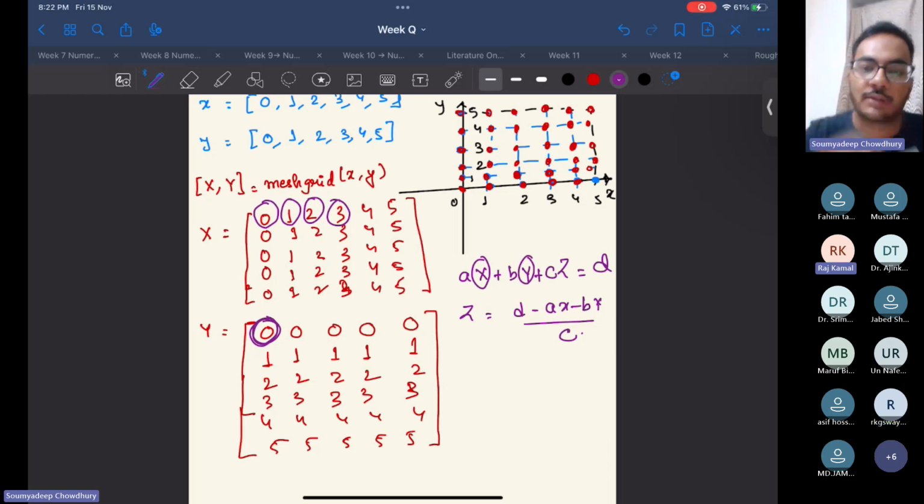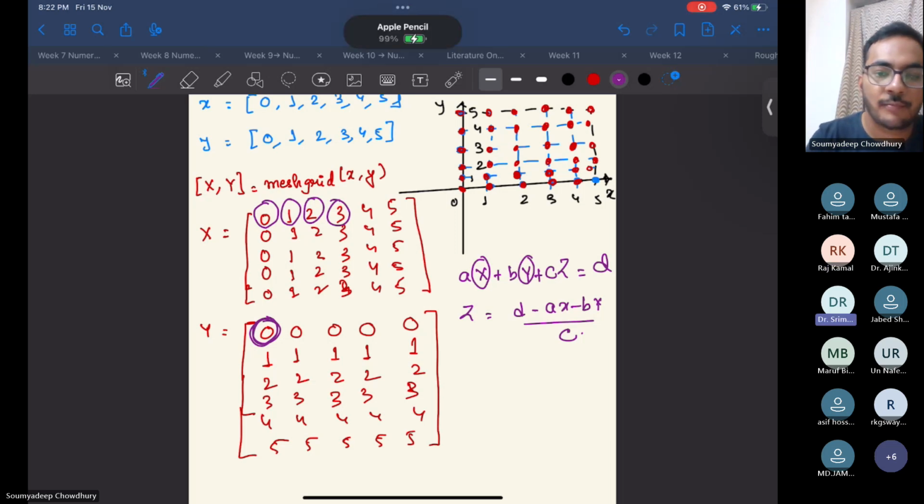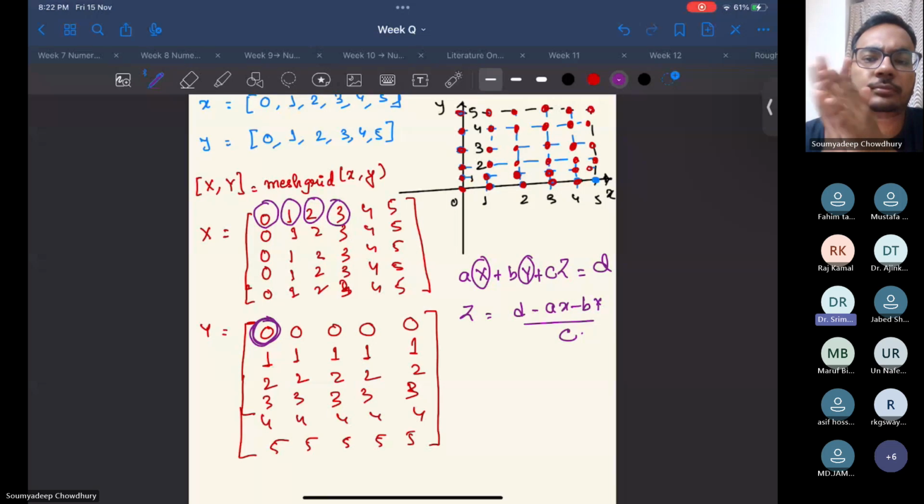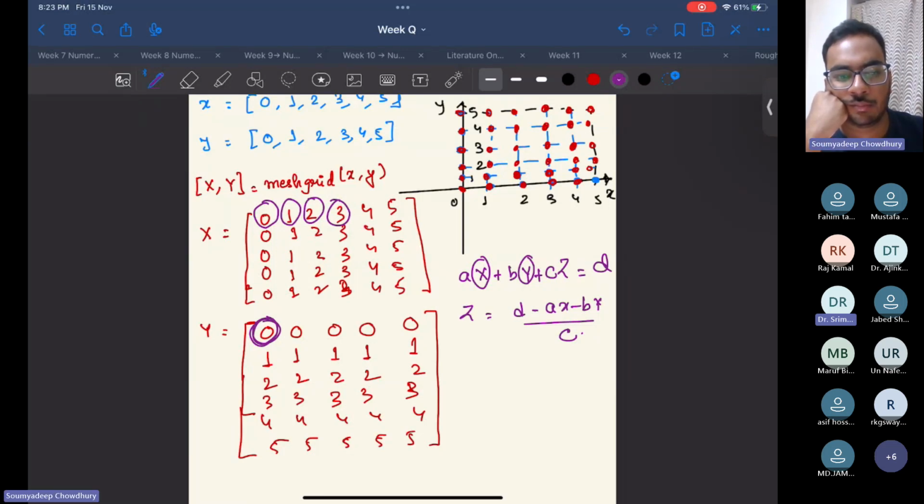Yes, Srimonti. I think that when we are calculating this capital X matrix, for each and every variation of small y, the values of x being written here are, when small y is equal to 0, x values are 0, 1, 2, 3, 4, 5.